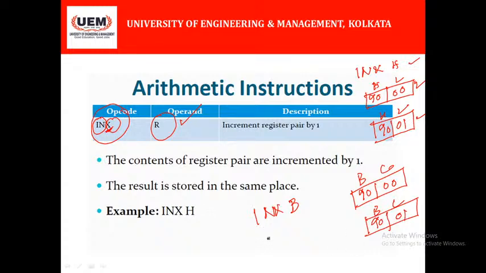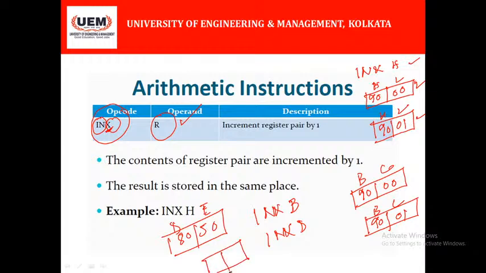9,001. Similarly, we can write INX D, that means we are pointing to the DE register pair. If the value of the DE register pair is 8050, after incrementing the value becomes 8051. This is D, this is E. Okay, so the result is stored in the same place.